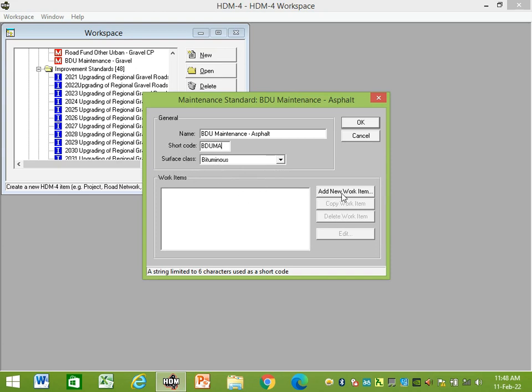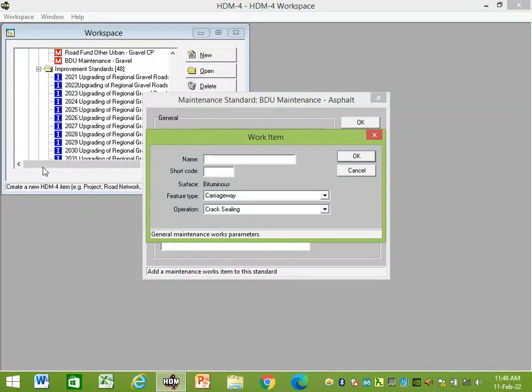Bituminous. Click add new work item. So what is here? BDU miscellaneous asphalt maintenance, just a code.